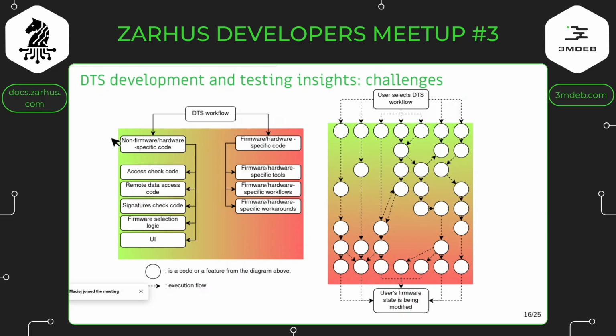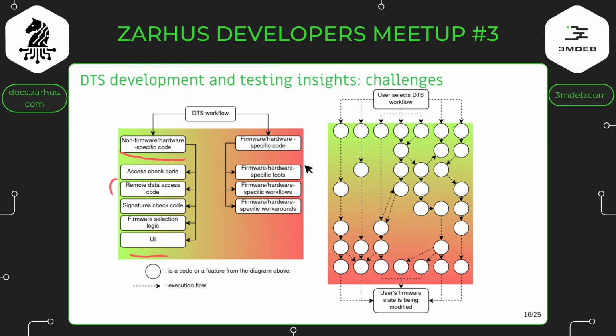The entire DTS logic and code can be divided into two groups. The code that is not firmware or hardware related, which consists of some general code like UI, remote data access, etc., and the code that is firmware and hardware specific, like flashrom, DMI decode, cbmem calls, and all the logic that is related to these tools.